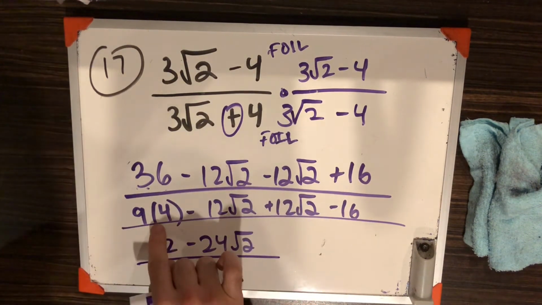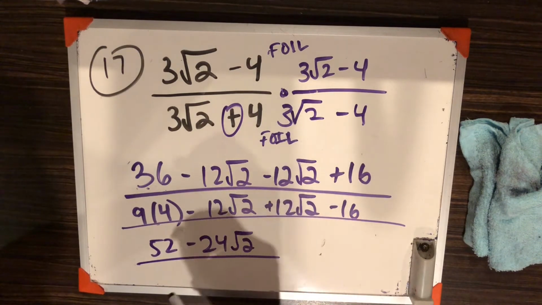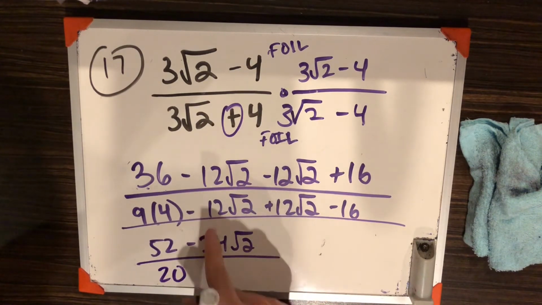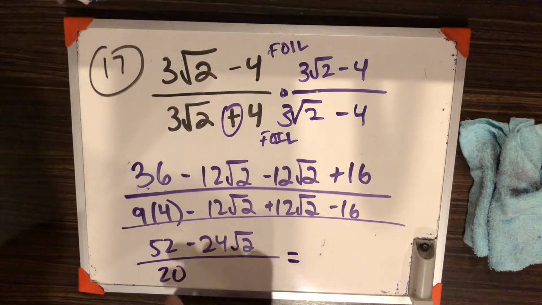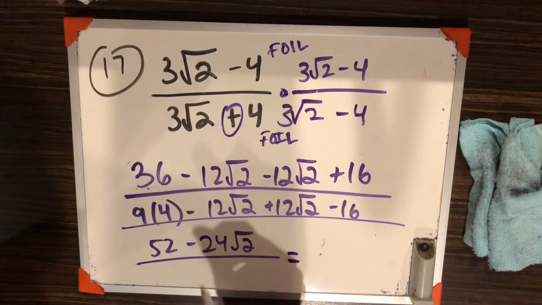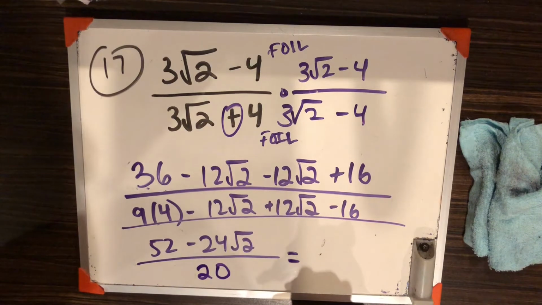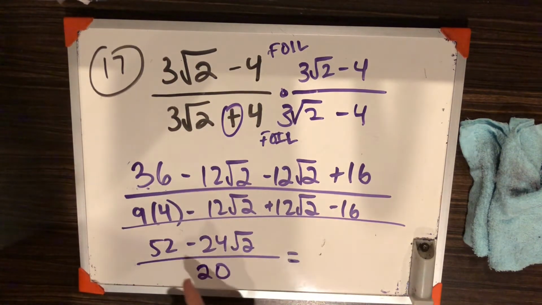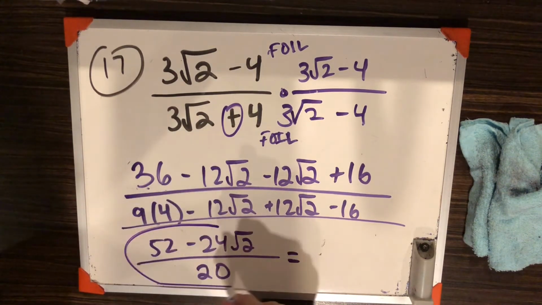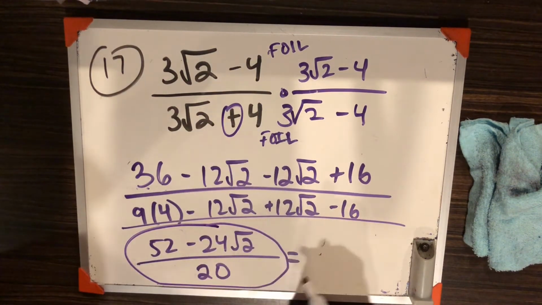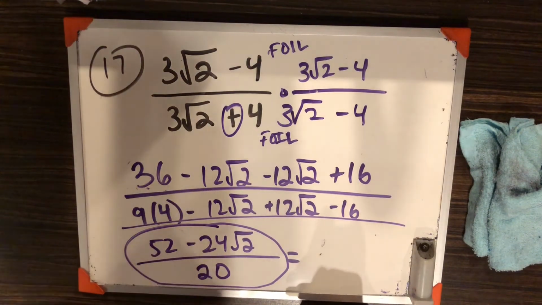Okay, 36 minus 16 is 20, and then these will end up canceling out. Okay, so honestly, it's okay to leave it like this. It's perfectly fine. If you want to simplify, you can simplify, but I'll take this as a final answer. Okay, but you can simplify this a little bit more.